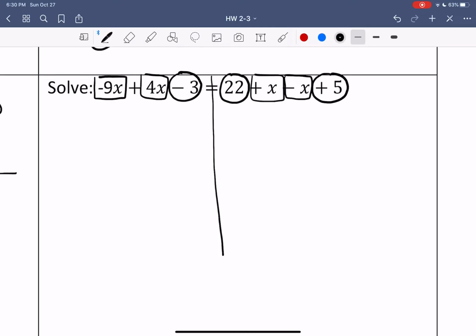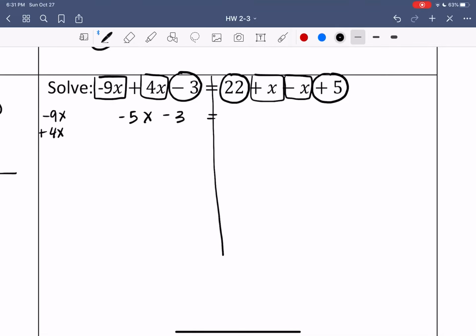So it's going to be negative 9x plus 4x. So if I have negative 9 and I'm adding 4, you're going to be left with a negative 5x minus 3, since there's no more constants.